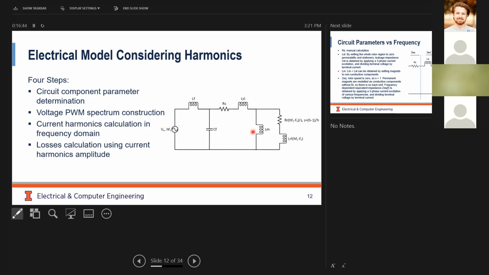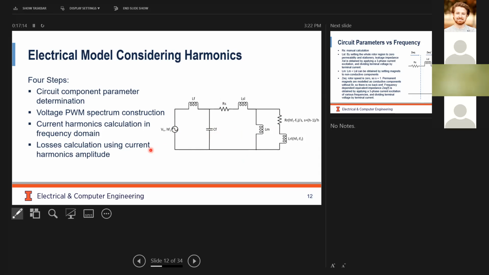So we will transform each harmonic into the frequency domain and solve it. Then we get the voltage divided by the impedance, and we get the current harmonic spectrum. Then we can use the current spectrum to reconstruct the current waveform.